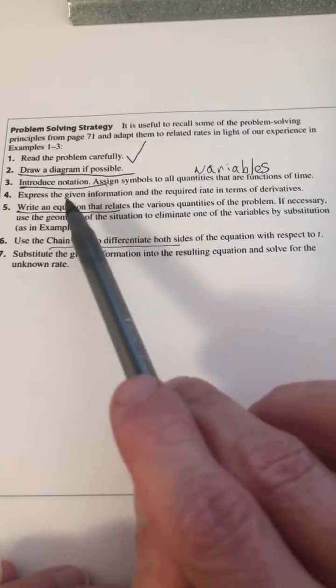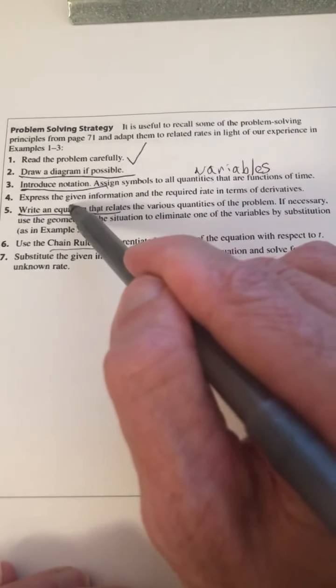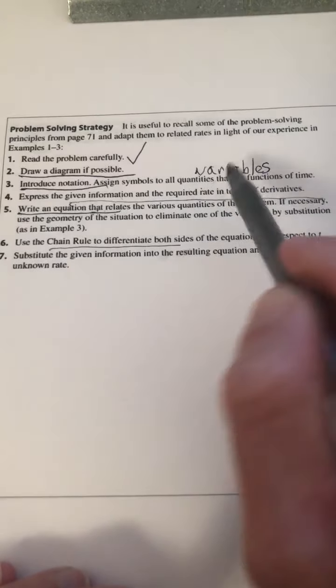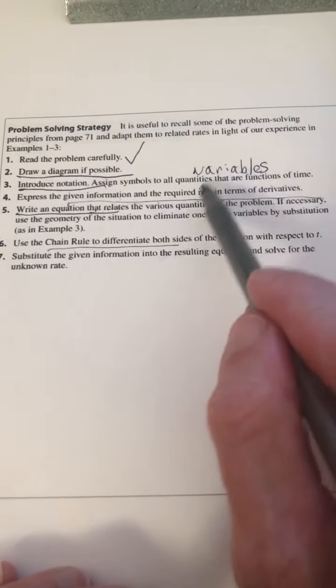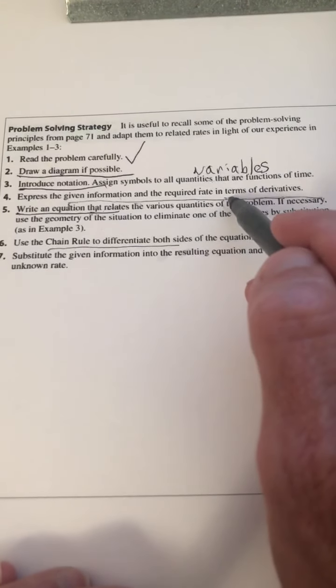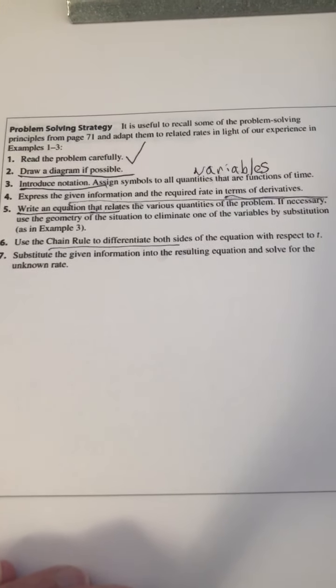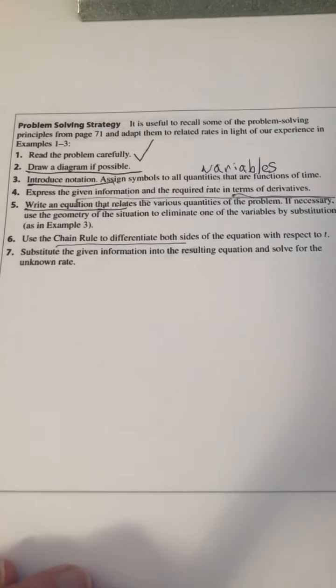And then within the problem, the given information is usually your variables and also some of their derivatives. So you have to pay attention to the words in the problem. They may not tell you the derivative directly, but you have to pay attention to the language.